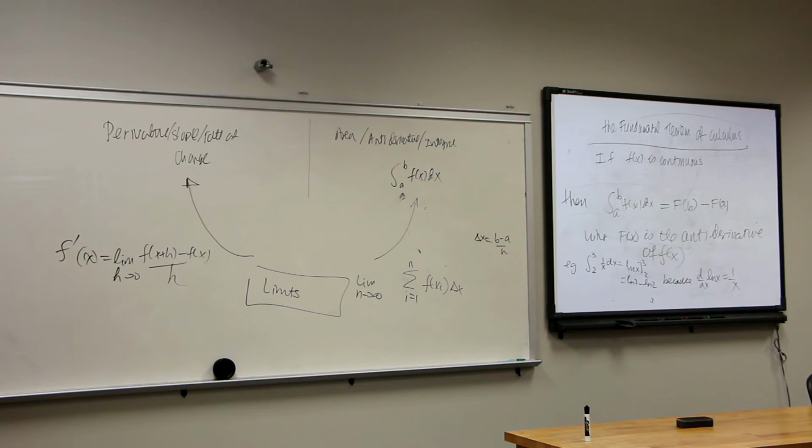And the most important trick is the one you learned in calculus 1. How did you find antiderivatives in calculus 1? You realized, hey, the derivative of ln x is what? Which means the antiderivative of that is ln x.